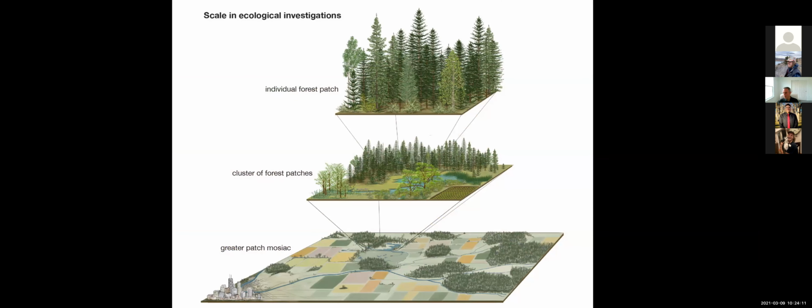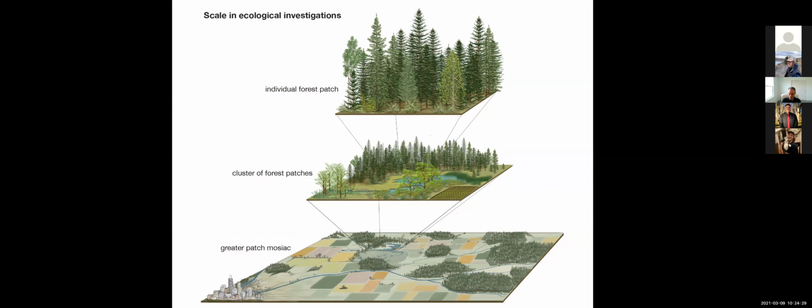And as a reminder, patches can and do operate at different scales. So for example, the scale of a patch for a black bear is not going to be the same as the scale of a patch for a sage grouse. You need to study the landscape structure at the scale of the organism that you're concerned about.